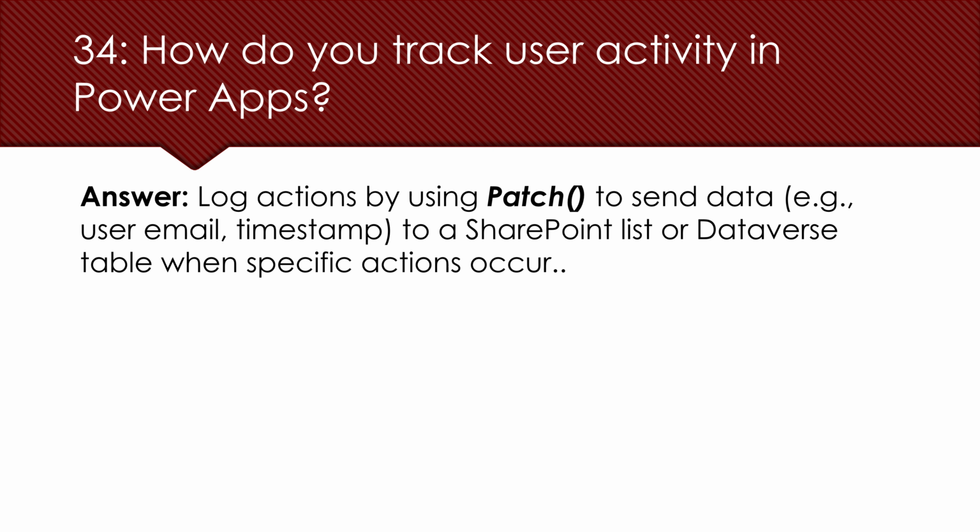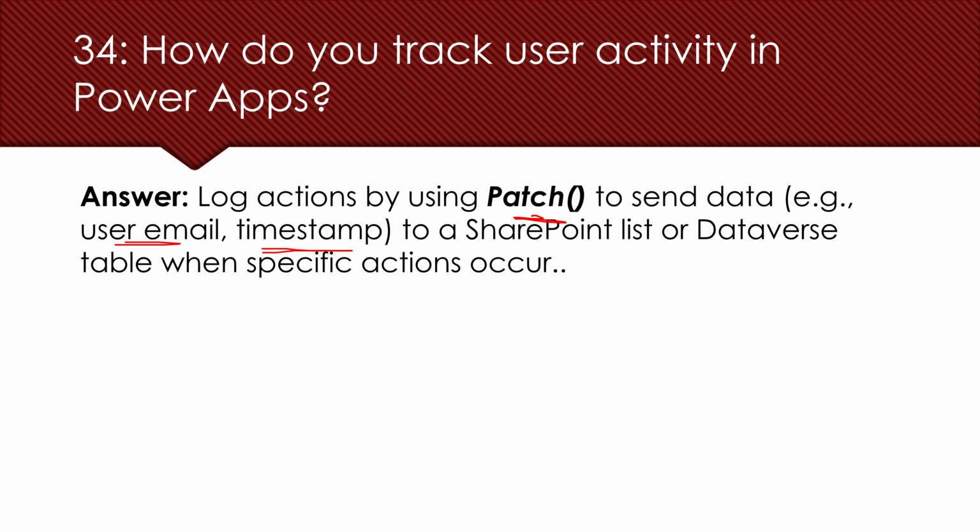Question number 34. How do you track user activity in Power Apps? We can log the actions performed by the user inside our Power Apps application by using the Patch function, and send details like the user's email and the timestamp to a SharePoint list or Dataverse as a backend when that specific action occurs.